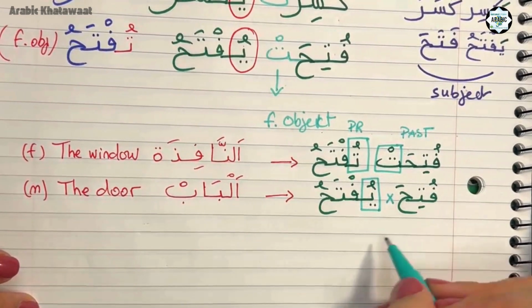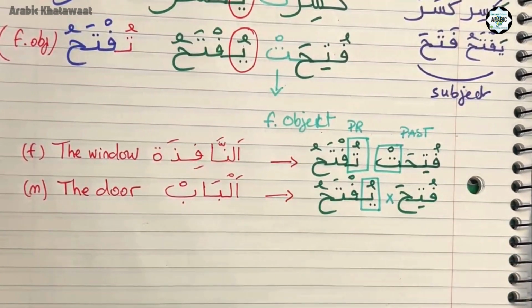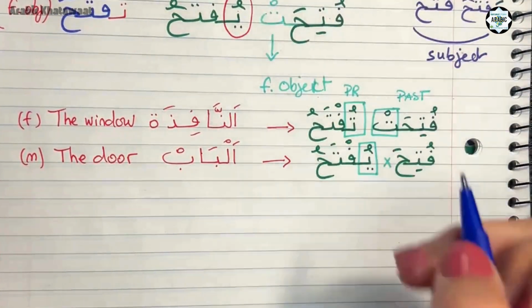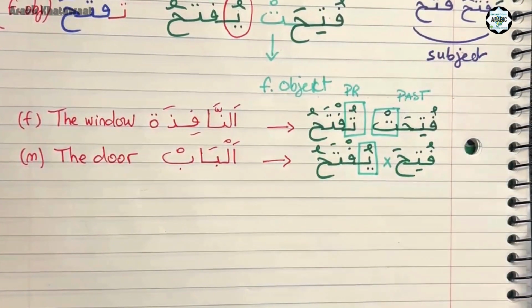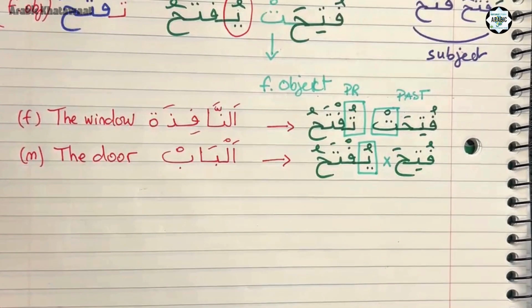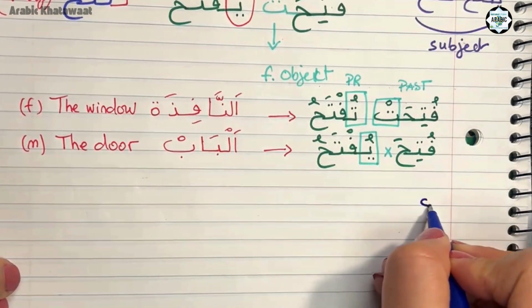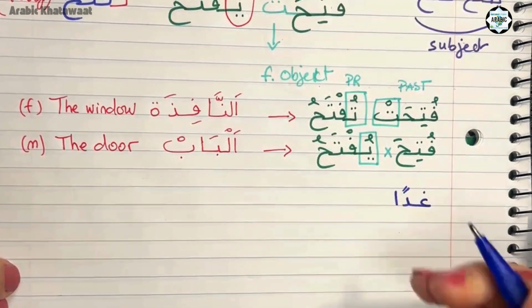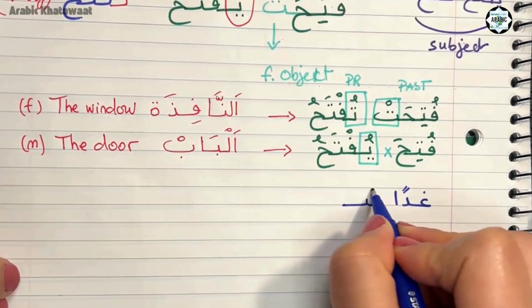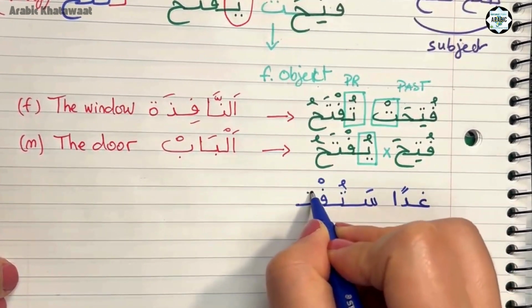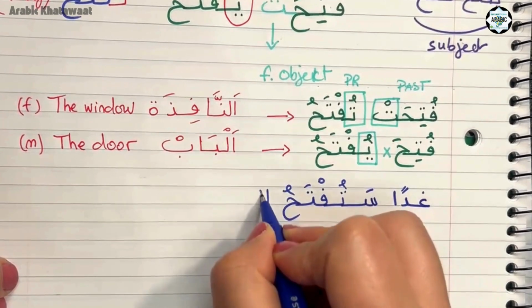So you only have masculine and feminine in the passive form. Now, if I'm going to write examples, I have to indicate time, and I have to indicate the context. So let's say غدا ستفتح الأبواب.